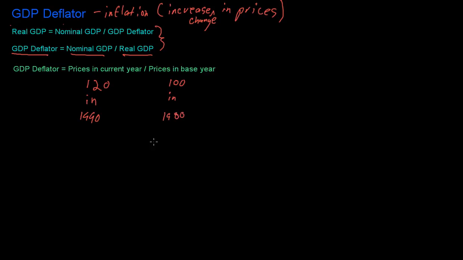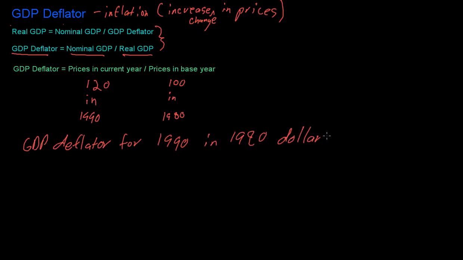So then the GDP deflator for 1990 in 1980 dollars is, whoops, I'm getting ahead of myself, 120 over 100, which is just equal to 1.2.